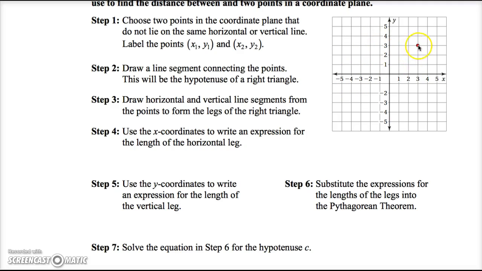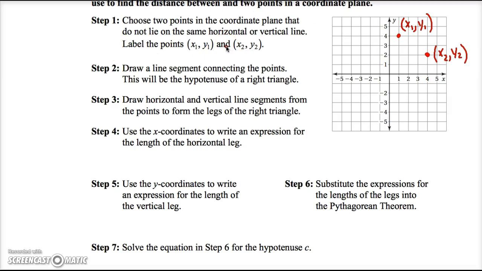So let's say we have one here and we have one here. And then it says label them with their coordinates. So we'll label this one x1, y1, and we'll label this one x2, y2, just like they told us to.